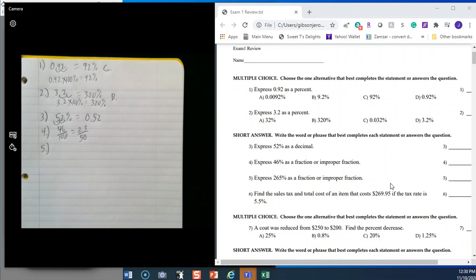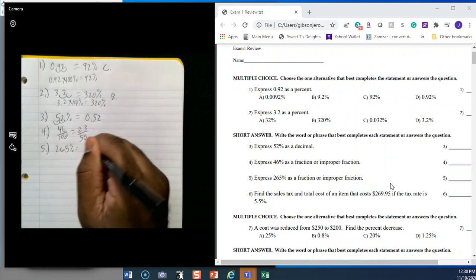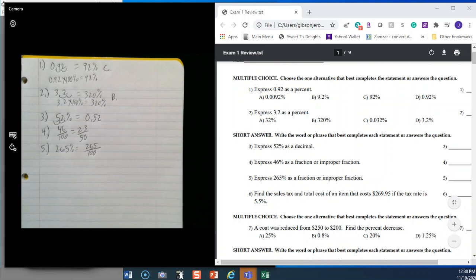It says express 265% as a fraction or improper fraction. So we know 265% is the same as saying 265 divided by 100. Okay, so now we can go right back to our Desmos calculator.